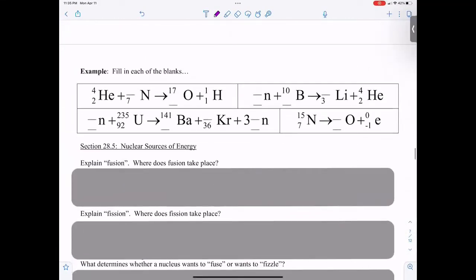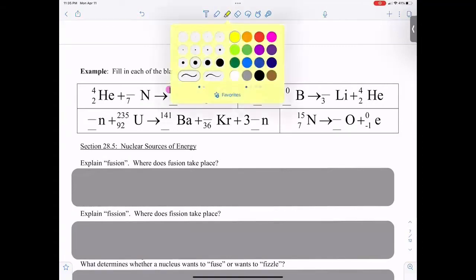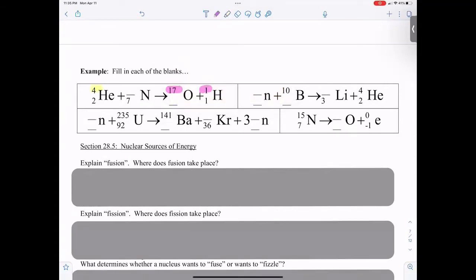Okay. Fill in each of the blanks. In order to fill in the blanks here, we're going to use conservation of charge and conservation of mass in order to make sure things balance. If we look over here, the mass numbers 17 plus 1 should add up to 18 total mass units on the right-hand side. On the left-hand side, we have 4. If we're supposed to have 18 on the right, we must have 18 on the left.